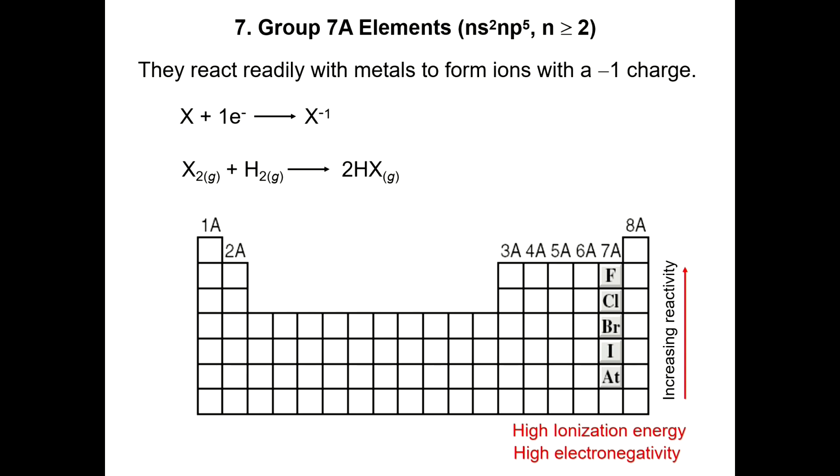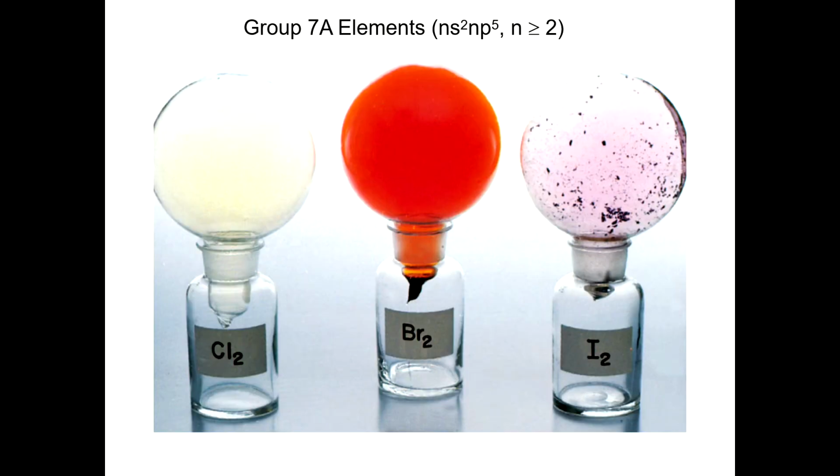So this means basically they tend to get electrons. So usually they show a -1 charge. They can get 1 electron to form a compound with a -1 charge. And most of them are also gases at room temperature.